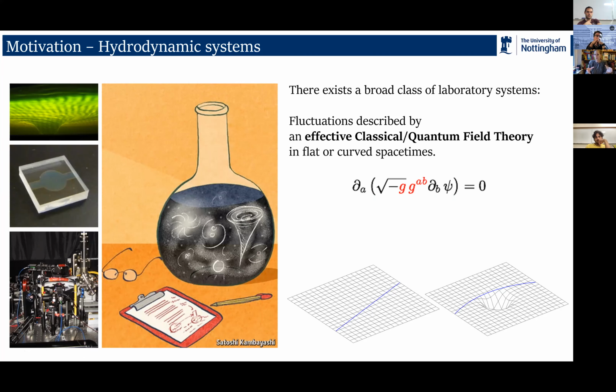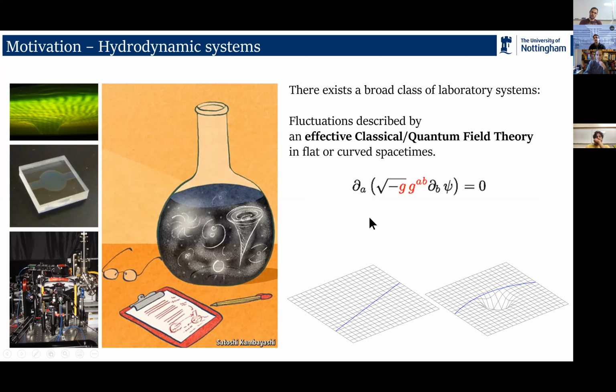So here it really works in the way we think about classical and quantum field theory in curved spacetime. Classical or quantum is a matter of choice, depending on which medium you're choosing. If you're using a classical fluid flow, clearly you're doing field theory on a classical background. If you're using a superfluid, an ultracold gas of atoms, then your perturbations require quantum field theory, and you end up with a quantum field theory in curved spacetime.